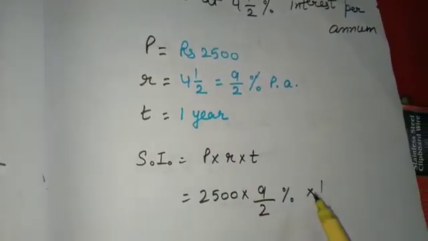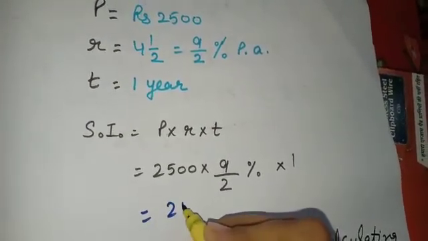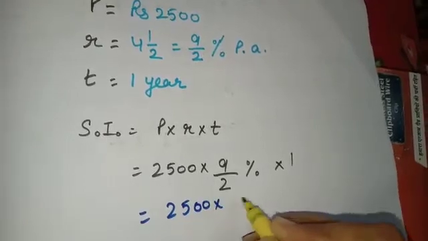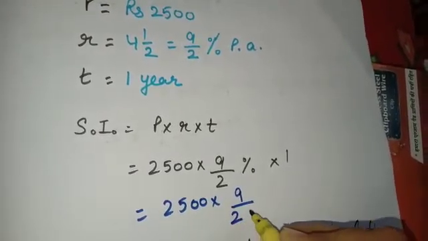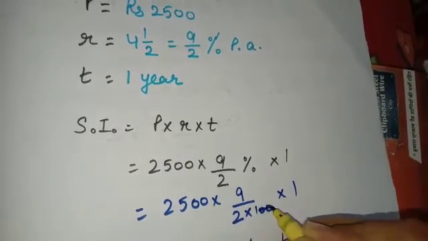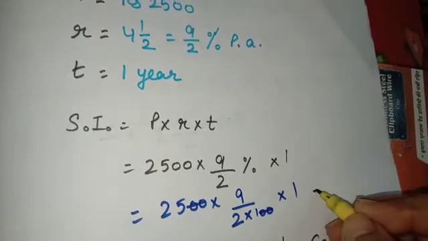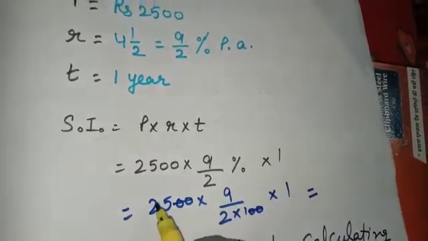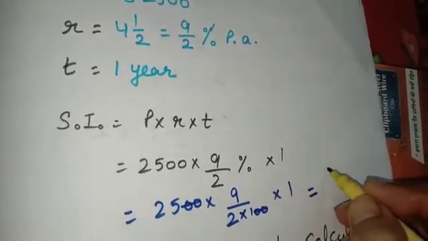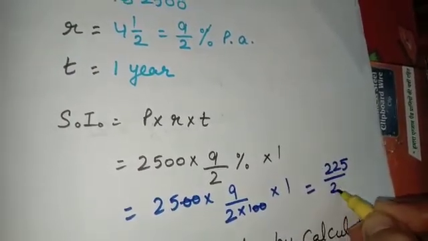Formula for simple interest. In the same way, we will remove the percentage sign and write 100 in the denominator. 2500 multiply 9 by 2 multiply 1 by 100. 2 zeros cancelled with the 100. Now this 2 cannot be cancelled, so it will remain as it is. 25 and 9 in the numerator will be multiplied together. 25 9s are 225, 225 1s are 225 by 2.